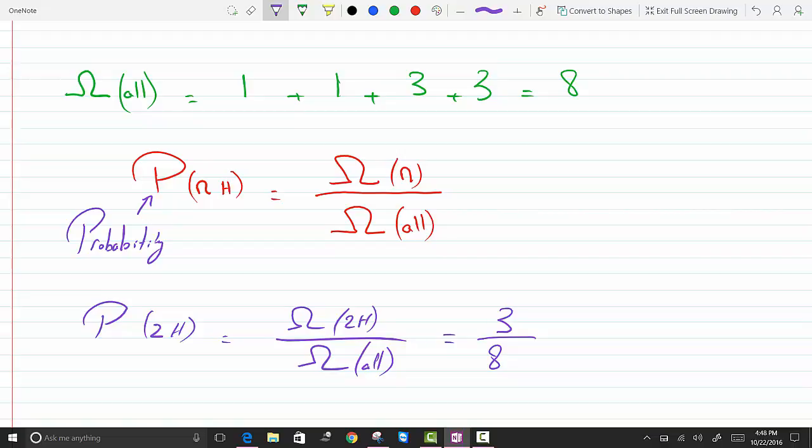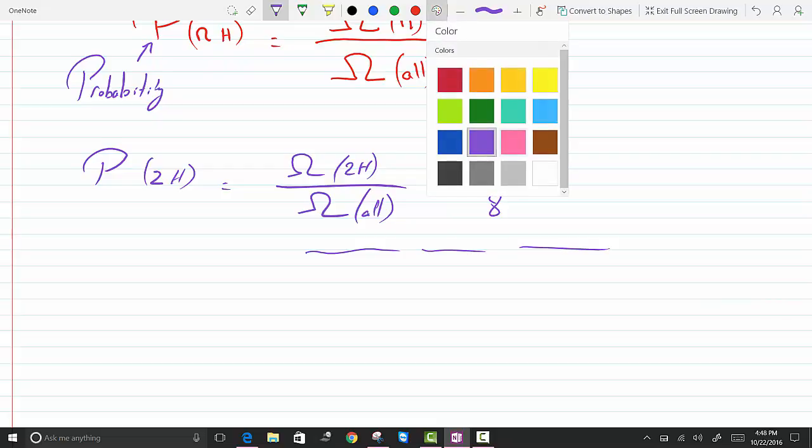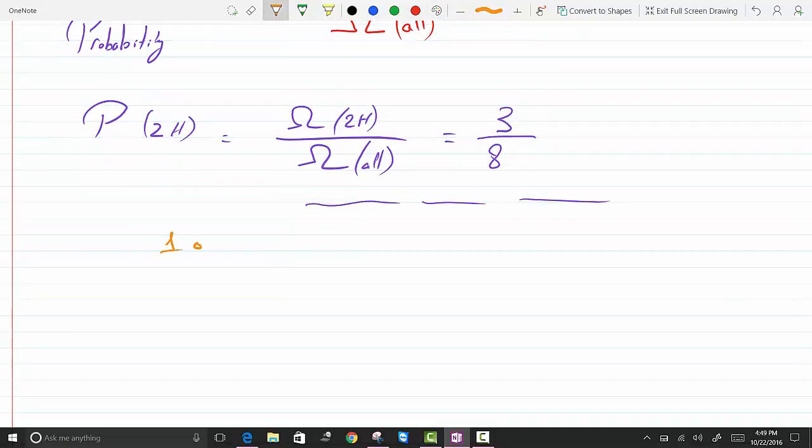Now let's elevate this argument a bit to further coins, and let's say instead of having 3 coins, now we have 100 coins, and let's see how this generalizes. So if I have 100 coins, what's the total number of microstates? Well, think about it. Each one of the coins will either be heads or tails.